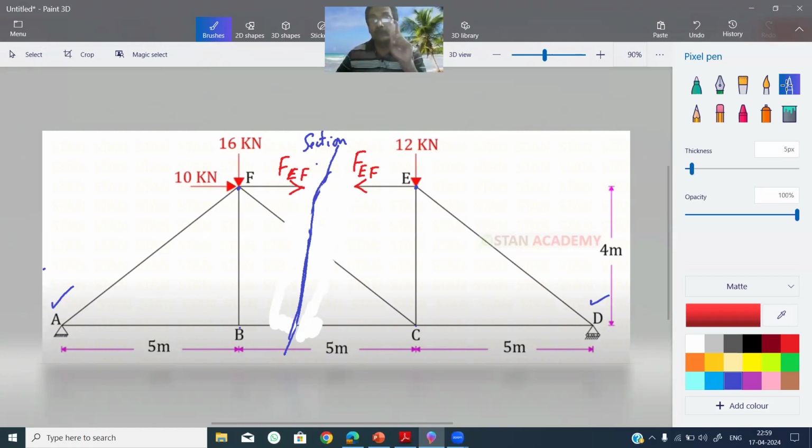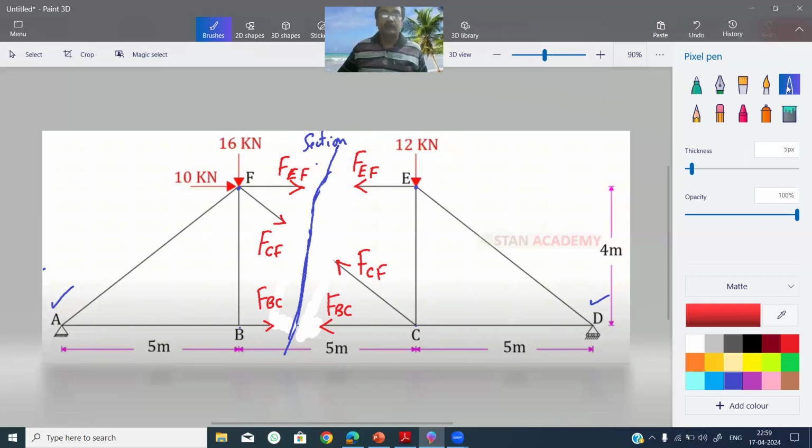Now you have two trusses, left side truss and right side truss. Now look at the force FC, which will be F of CF. What about this BC? This is FBC, and this is FBC.